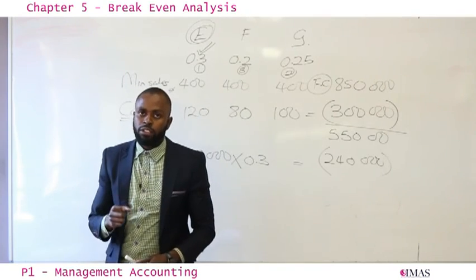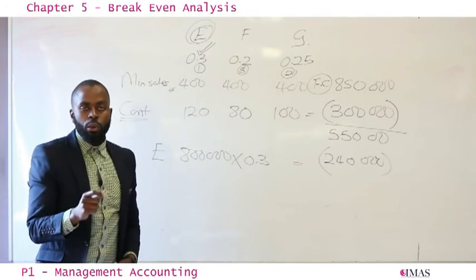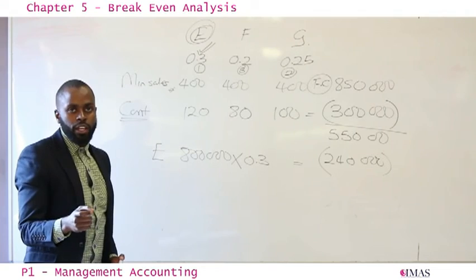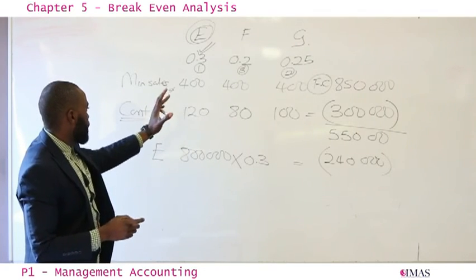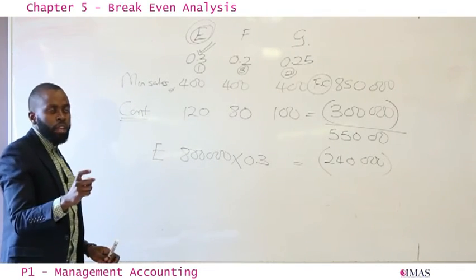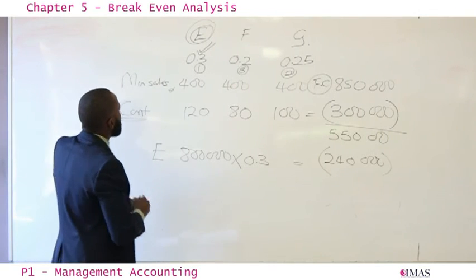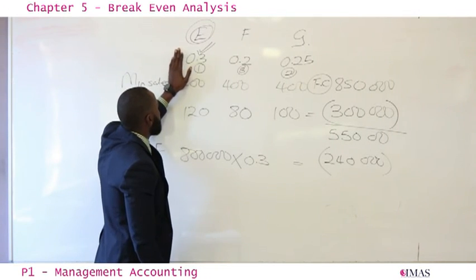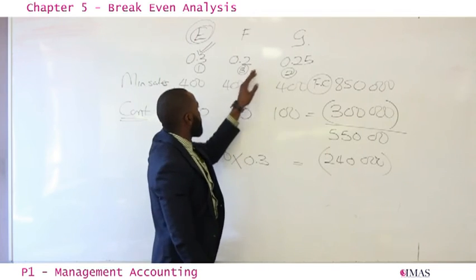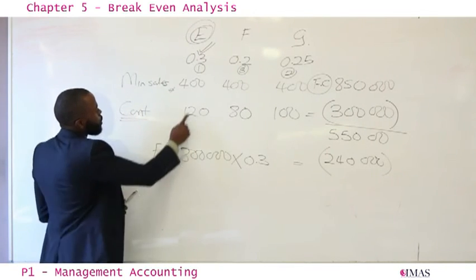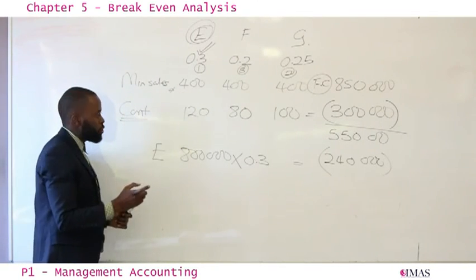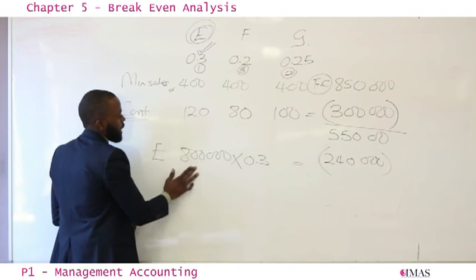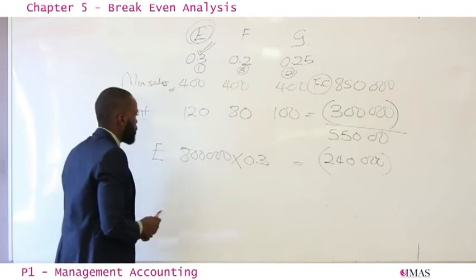Now this 550,000, how are we going to cover it? We want the lowest break-even point, subject to meeting the minimum. Here we've met the minimum. Now to get the lowest break-even point, we start by selling the product with the highest contribution, which is E. Then we go to G, then F. With E, we had already sold 400, the maximum sales is 1,200, so the difference is 800. Take 800 times 0.3, that's 240.